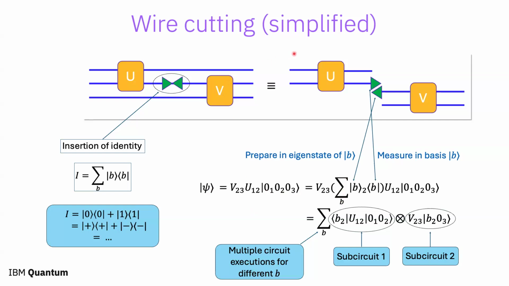Now, what is the simplification here? Why did I say that this is a simplified notion? The simplification here is that I am saying you can write it down as just 0, 0 plus 1, 1, so measure in one basis that has only 2 parts. This naturally implies that the state remains a pure state throughout the computation.